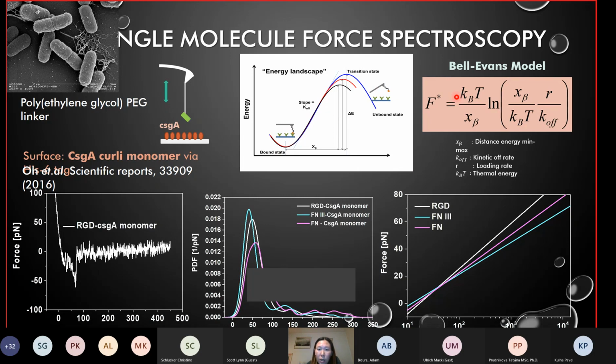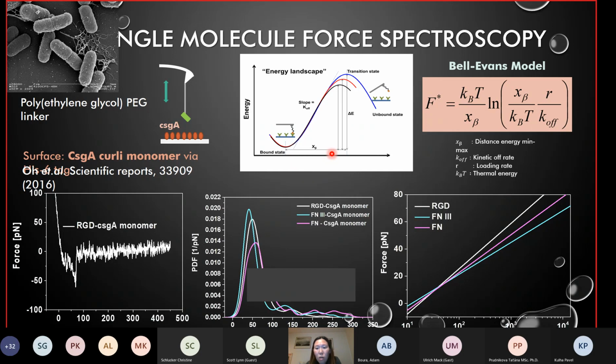From the slope we get the kinetic off rate, and also x_beta, which is the distance from the energy minimum, the bound state, to the unbound state. In this case, all 3 molecules show a similar kinetic off rate, which means the RGD is the main interaction.